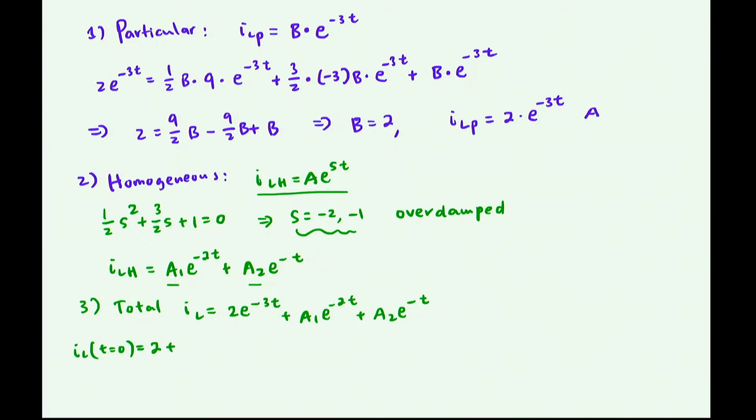Okay, when t equals 0, the current is equal to 0. Okay, the voltage VC is equal to dIL/dt plus 3IL.